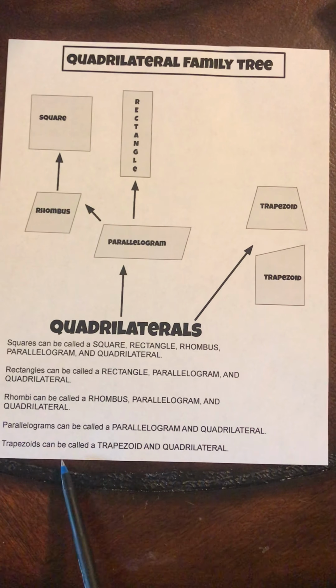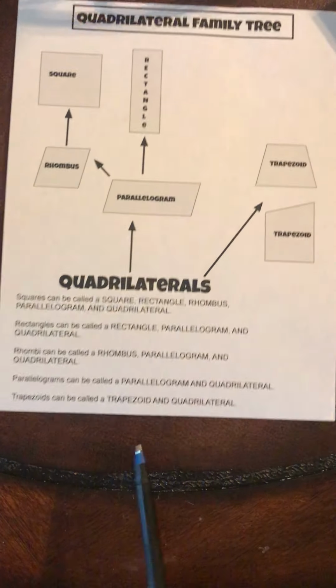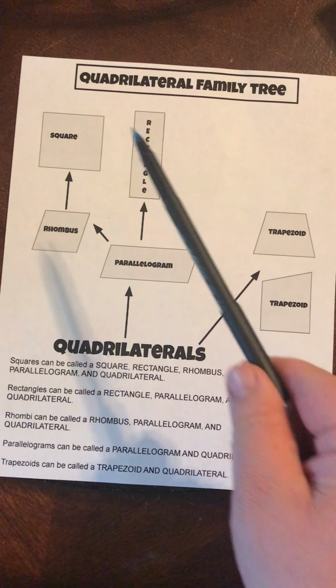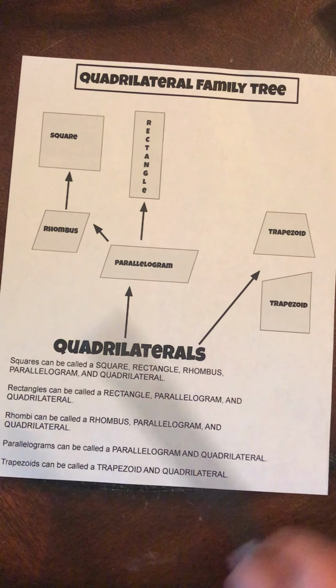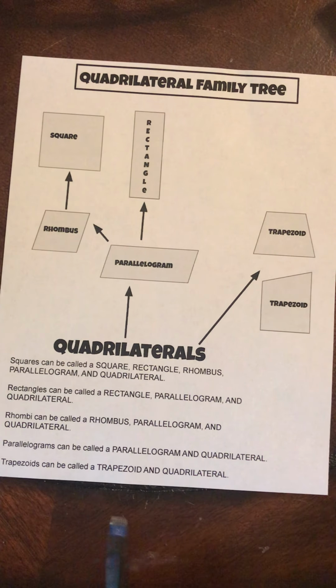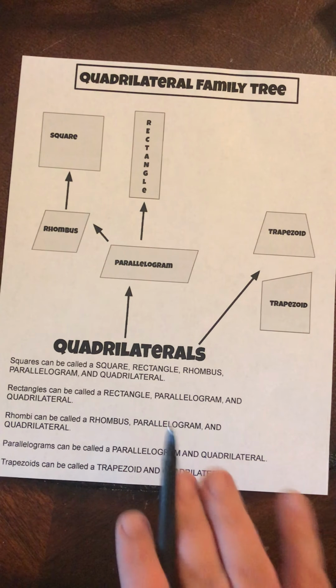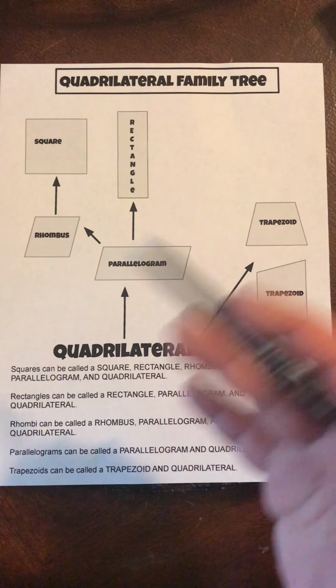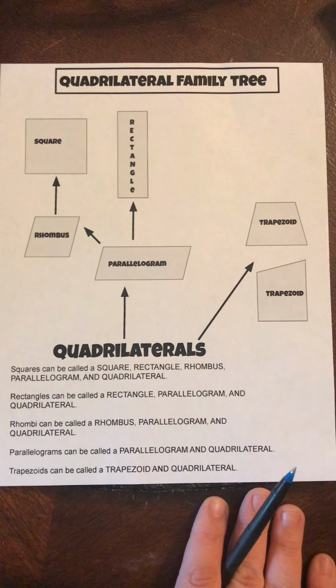And then trapezoids can be called trapezoid and quadrilateral. Now tomorrow, we're going to go through some exercises where we compare and contrast these different shapes. I know it's confusing, but if you focus on this page, and we talk about these attributes, it'll become more and more clear.